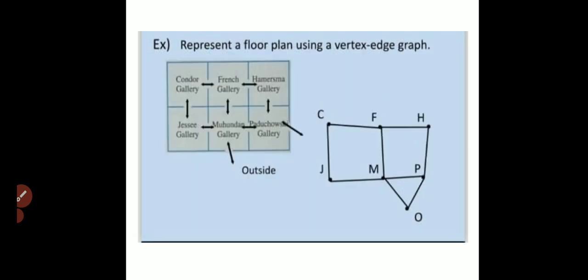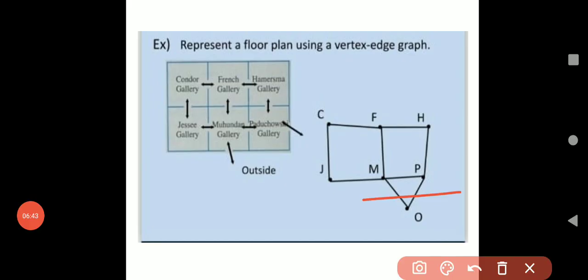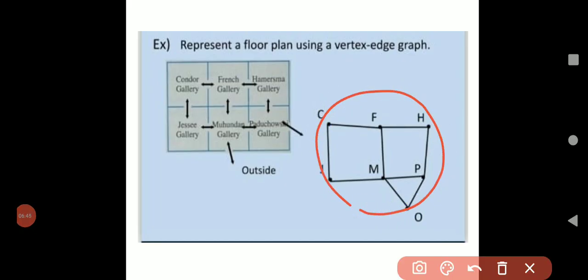And then here we have a floor plan, and this graph is the floor plan of this. Here we have 6 galleries noted as vertices of this graph, and outside is noted by O. This is the floor plan of this.